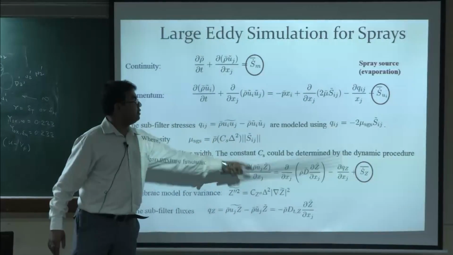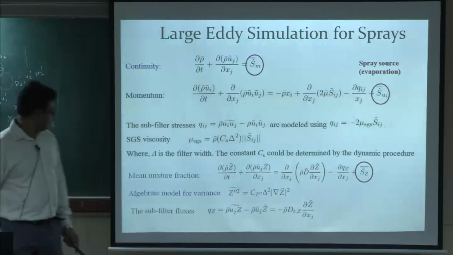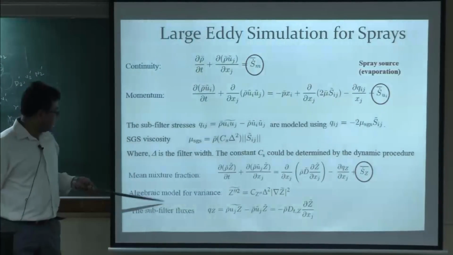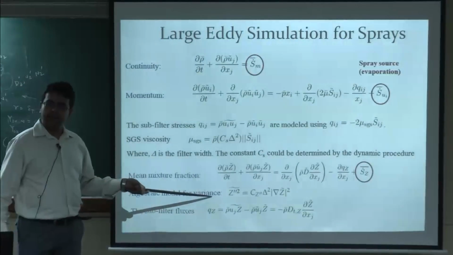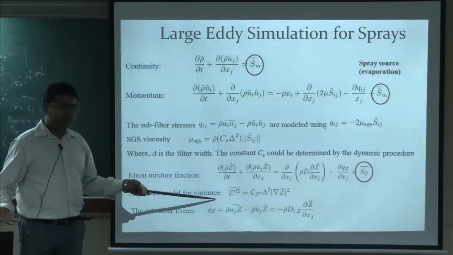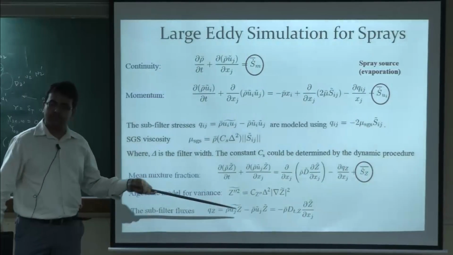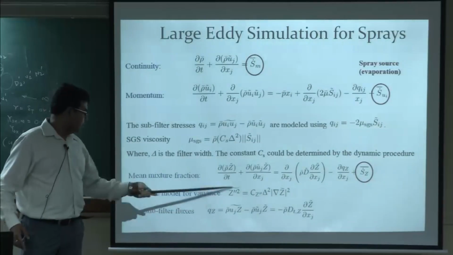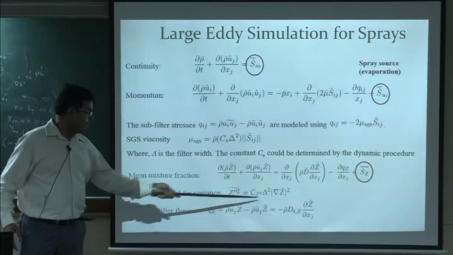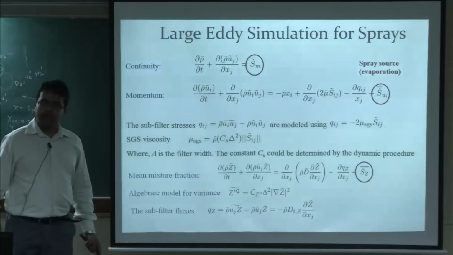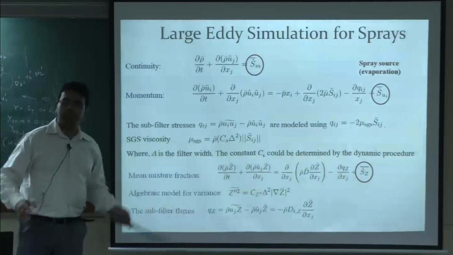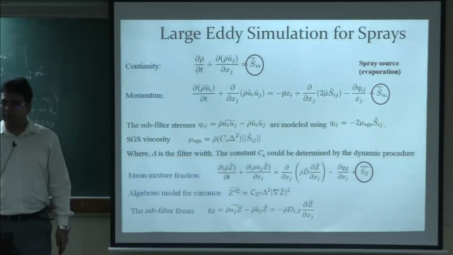So, S dot Z equals S dot M, and then we can employ the algebraic model for variance. In LES, we generally do not solve for the variance for the gaseous phase, okay. The variance can be obtained from the algebraic model. The algebraic model says that the dissipation should be equal to the production of the variance.